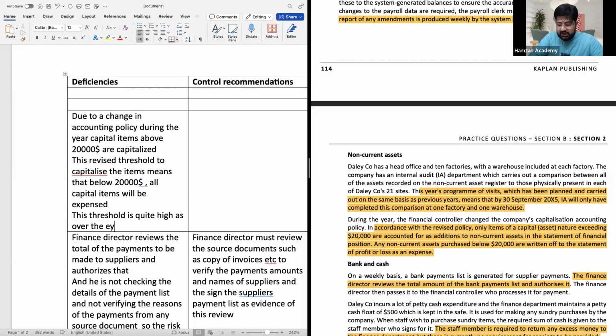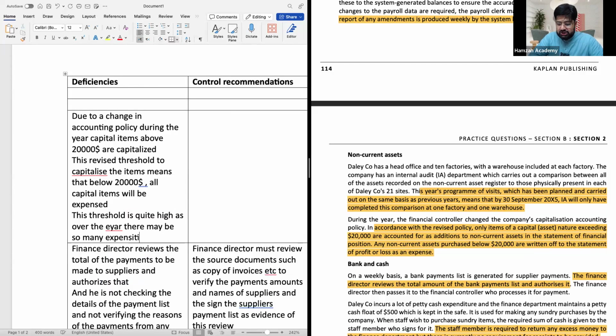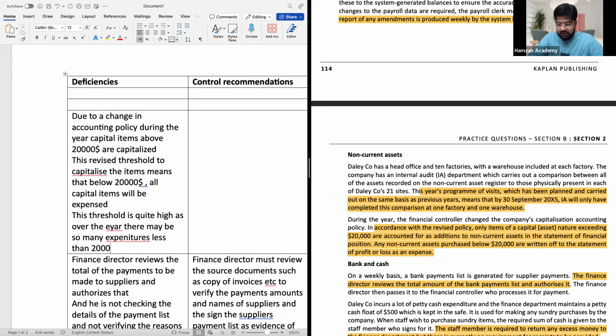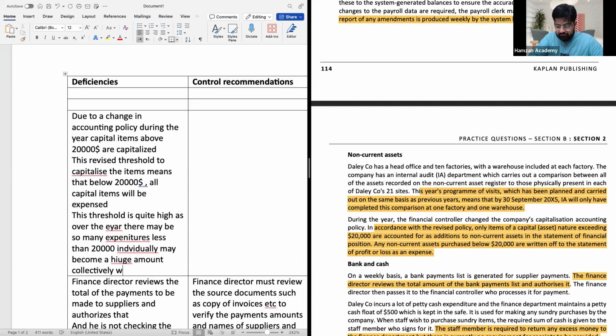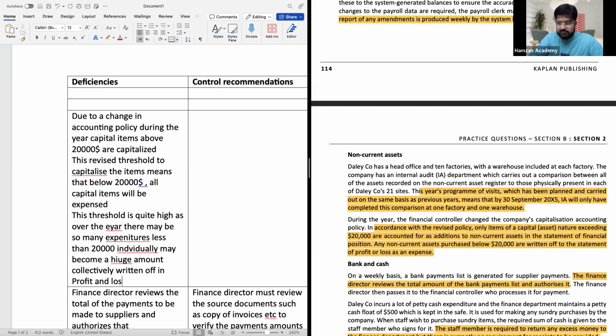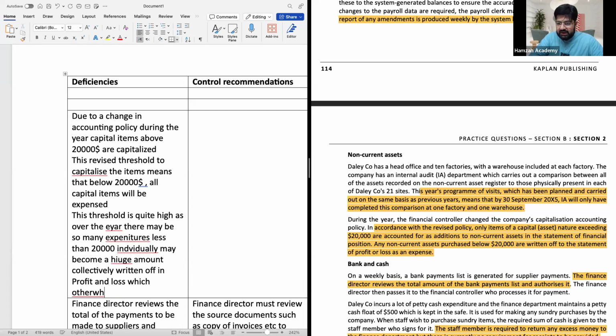As over the year, there may be so many expenditures less than $20,000 individually, which may become a huge amount collectively, written off in profit and loss, and which otherwise should have been capitalized.